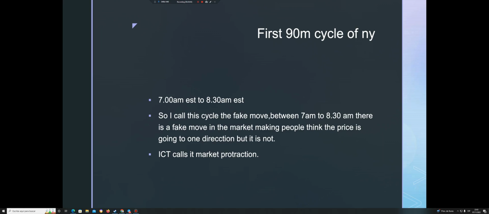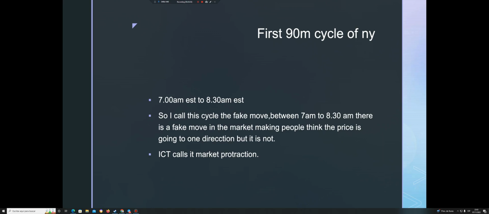Between 7 AM and 8:30 AM each time, there is a fake move in the market, making people think the price is going in one direction, but it is not. ICT calls it market protraction. Maybe some of you know, maybe no one, I don't know.